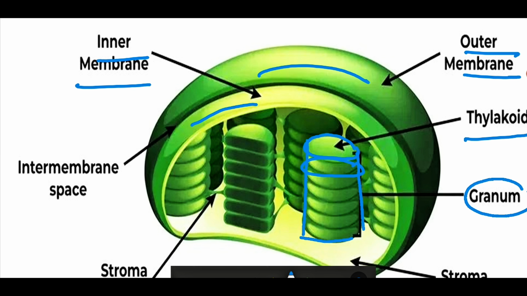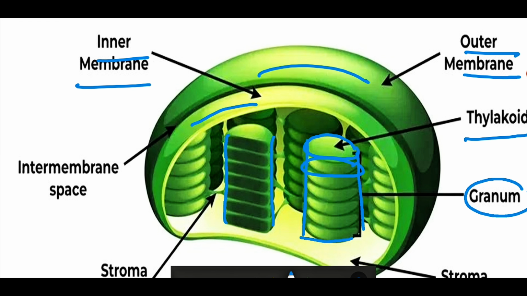Where is the chlorophyll? The pigment chlorophyll is contained in the walls of the thylakoid. Where is the wall? This side. These are the walls of the thylakoid, and the chlorophyll is present here only. And what does the chlorophyll do? As we have studied just now, chlorophyll absorbs the light and converts the light energy into chemical energy for further process.